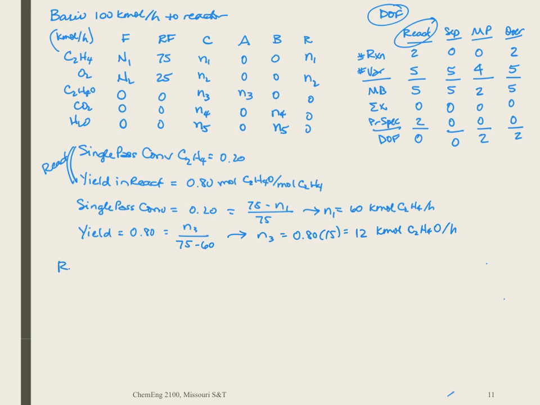So on the reactor, let me switch pen color here. My atoms are C's, H's, and O's. All right, the reactor has RF as the feed and C as the exit. So carbon, I have 2 in C2H4.